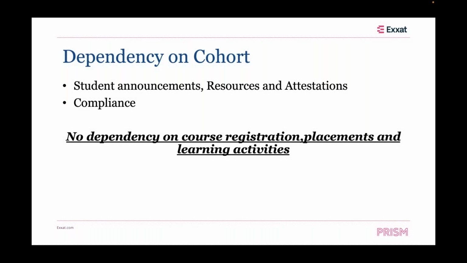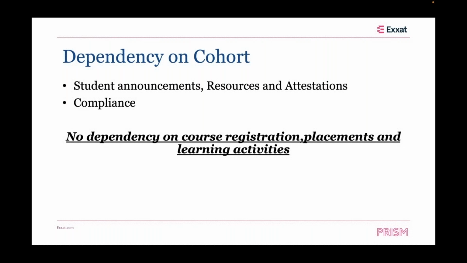We are already thinking of how we can remove the dependency for compliance, and this is coming out pretty soon. So you will not see any dependency on compliance as well. If you have to, you can always change the student cohort. But for making your placements, there is no dependency on cohort today.